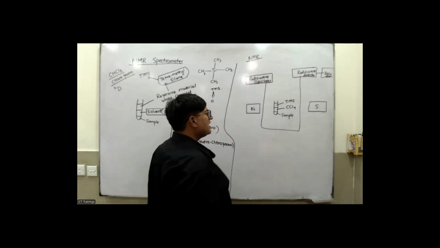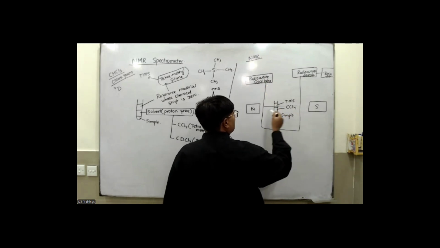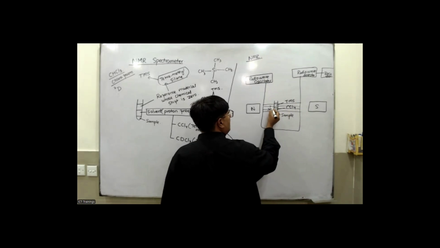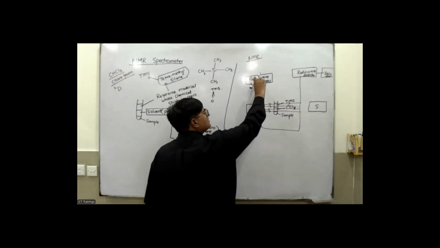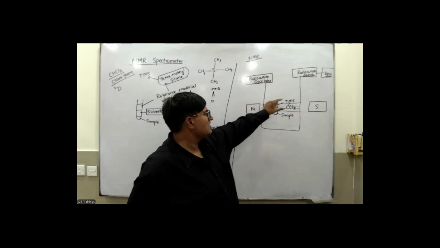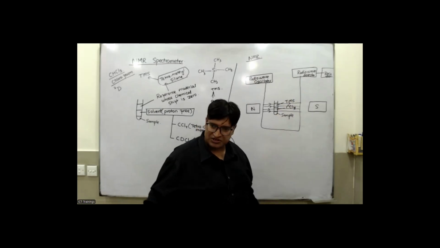Okay, so now what would happen, guys? Radio waves are being passed through that sample, from here to here. So these radio waves pass through that test tube. Let's suppose the radio wave oscillator sends 100 radio waves and the detector receives 100 radio waves, there is no signal.